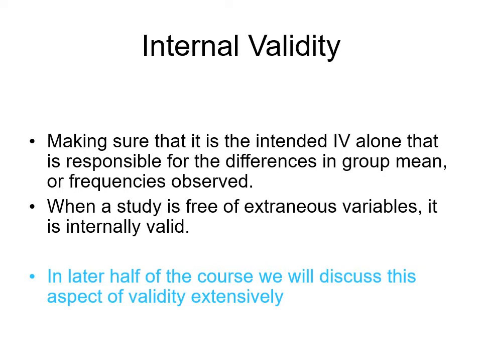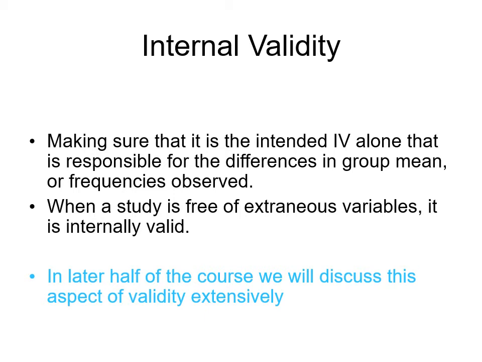So what's a confound? A confound and an extraneous variable are essentially alternative explanations that you can find that say, I don't think the differences that we are seeing between the control group and the experimental group are due to the manipulation. I think it's due to something else. So if you can come up with an alternative explanation, that would be a confound.